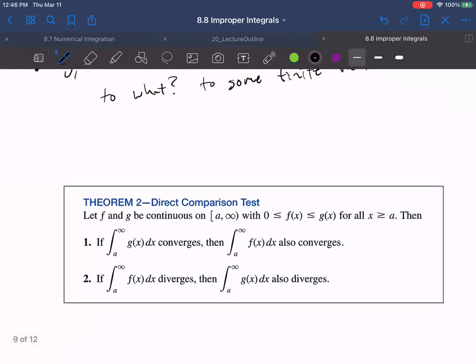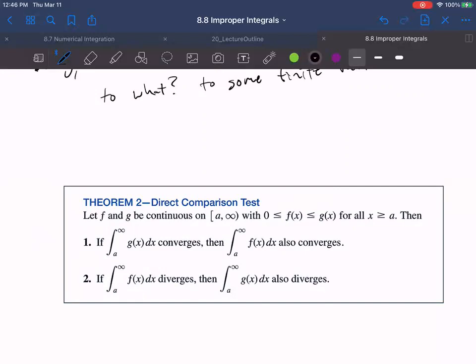All right. So here's our theorem. Direct comparison test. Let f and g be continuous on a to infinity with g of x being greater than f of x being greater than 0 for all x greater than or equal to a. Then if the integral of g of x dx converges, then the integral of f of x from a to infinity also converges.